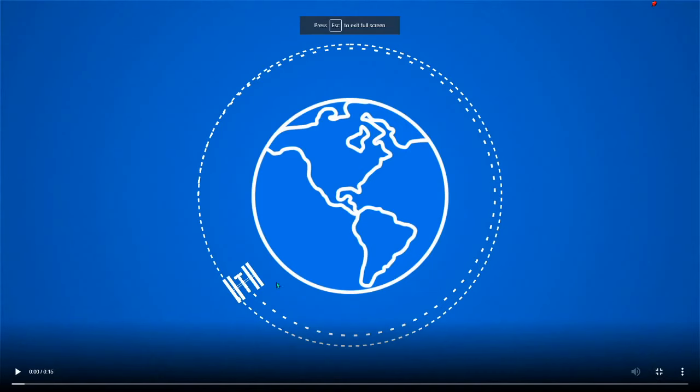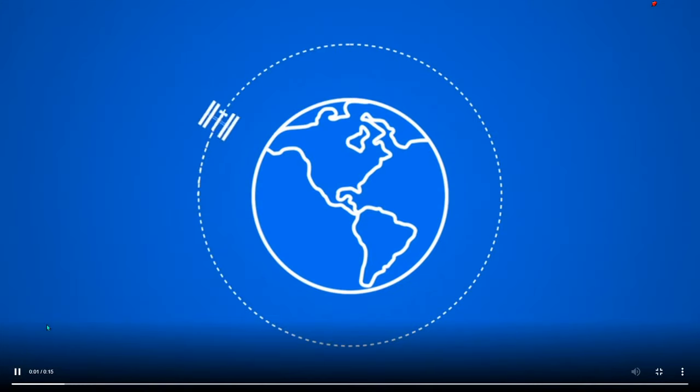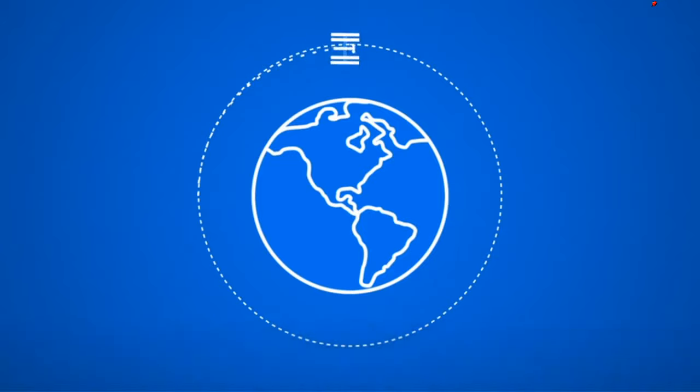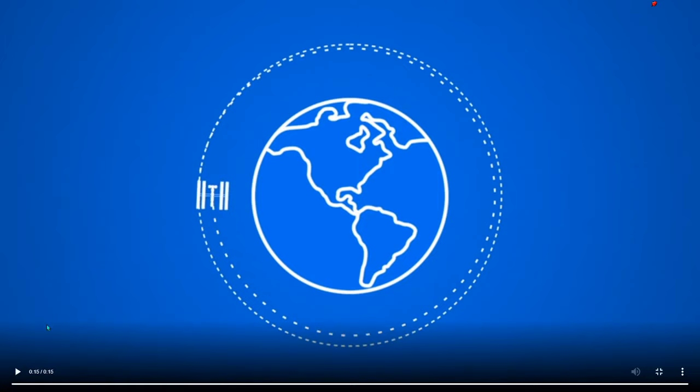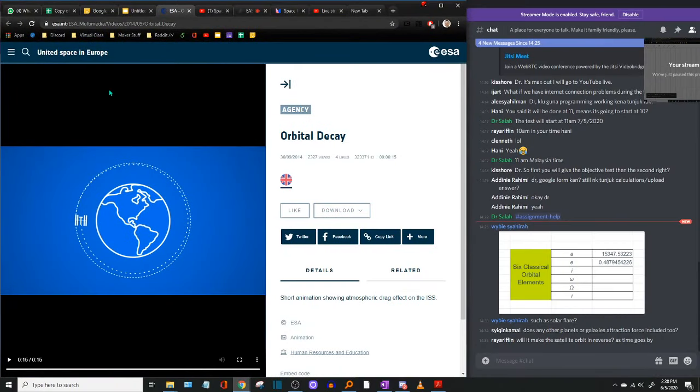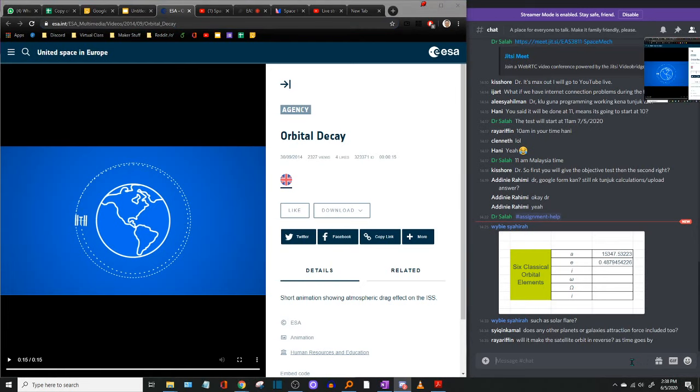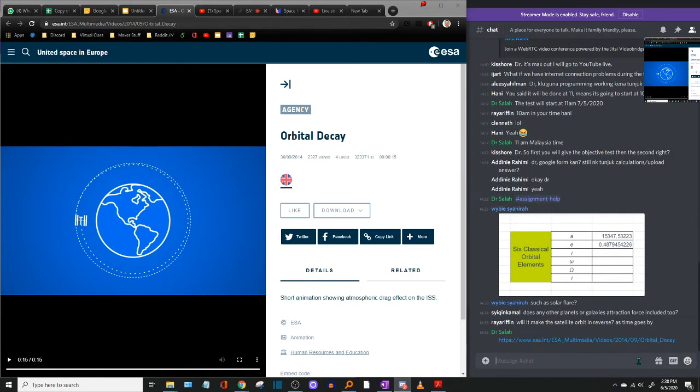This is the orbit of the ISS, and the ISS's orbit is very low actually, and over time you see the radius decreasing, and this is what we call orbital decay, and it is caused by atmospheric drag. So this is a short animation showing the atmospheric drag effect on the ISS. If you want to look at it yourself, I'll give you a link here.